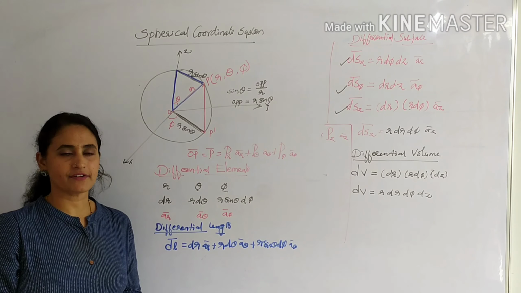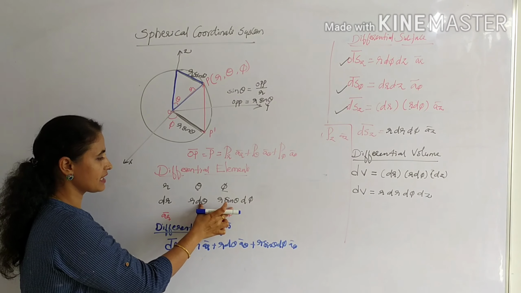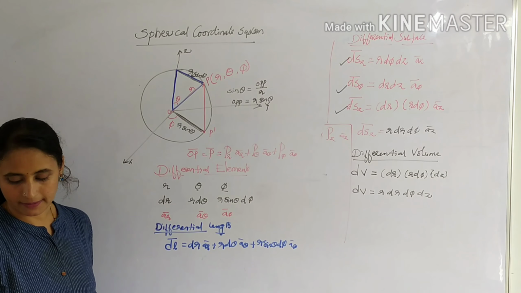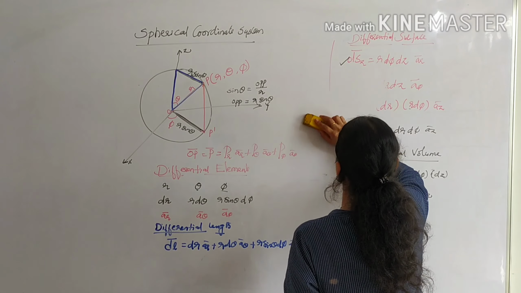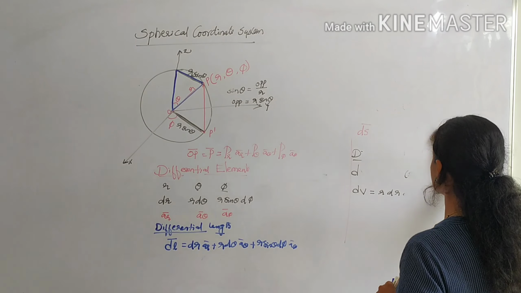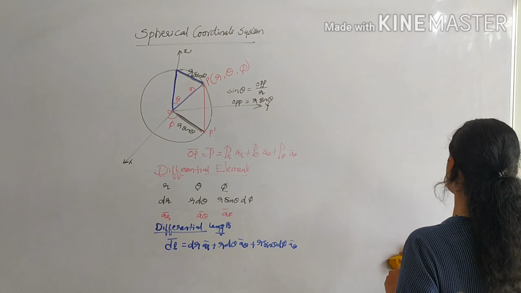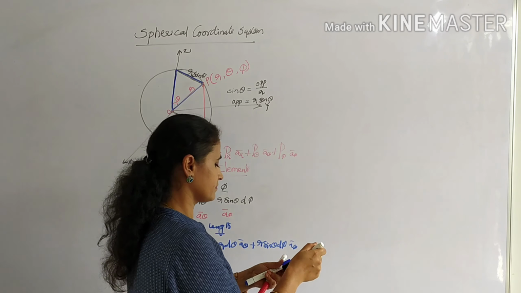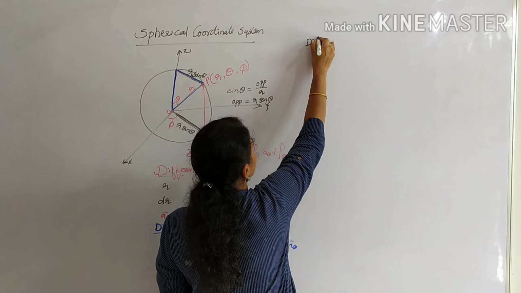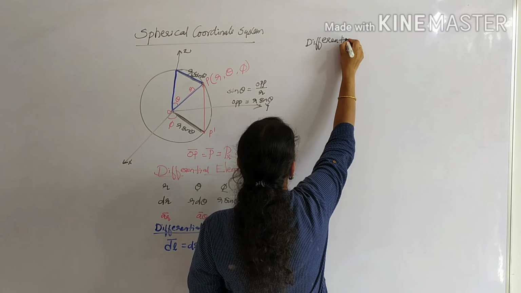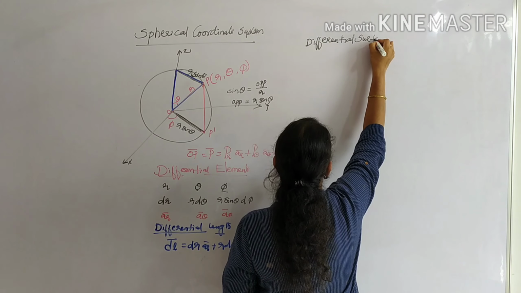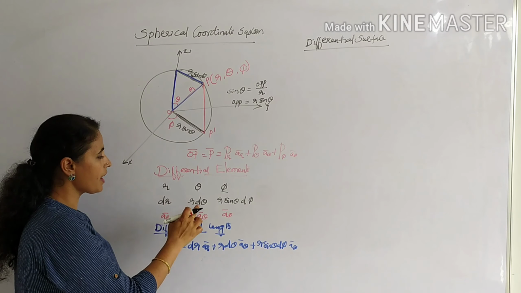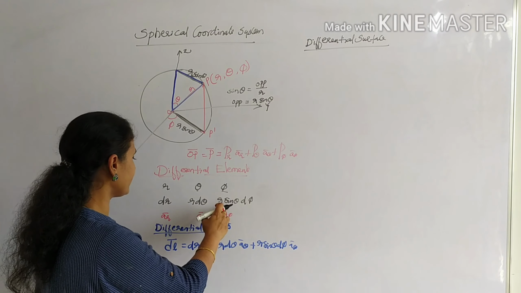Now for the differential surface, how is the surface formed? The surface will be formed with two sides, and that surface will be normal to the third one. So differential surface may be normal to r, normal to theta or normal to phi.